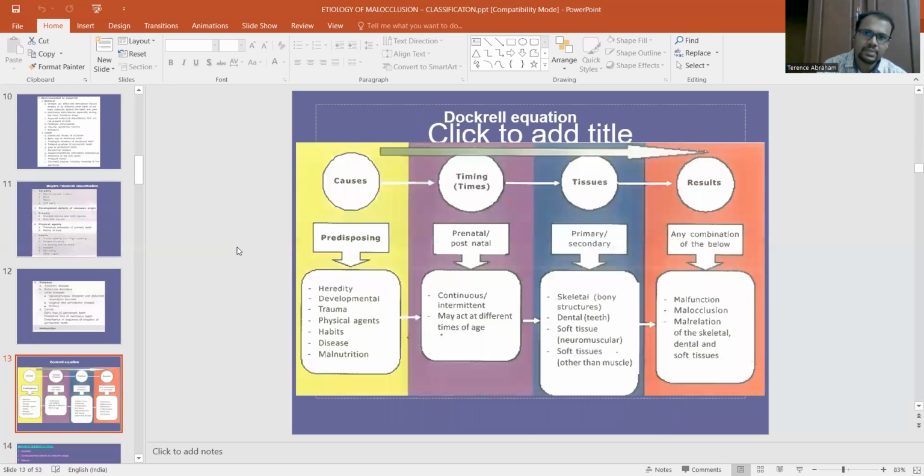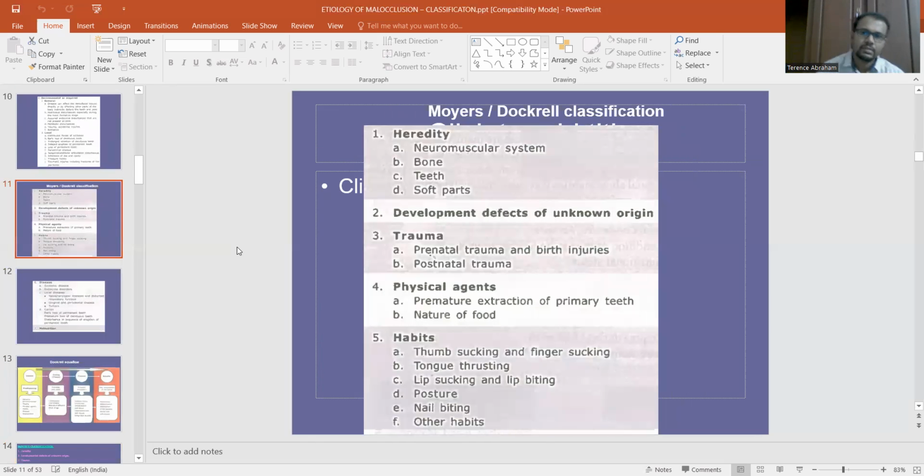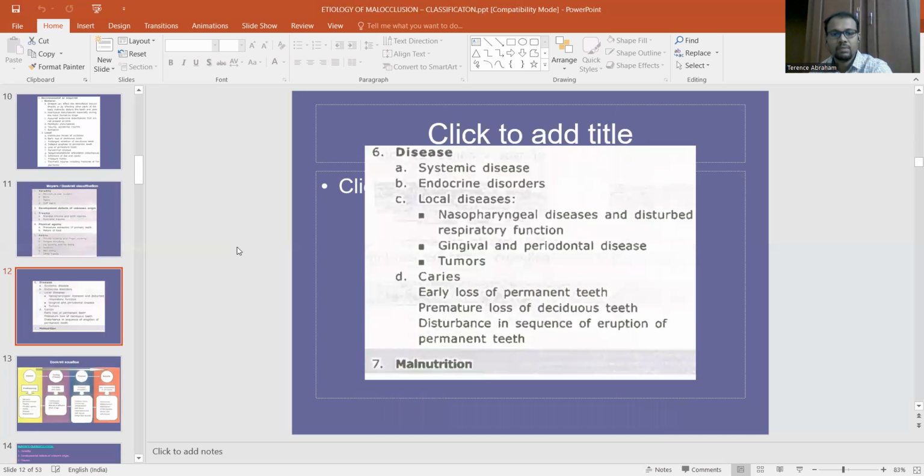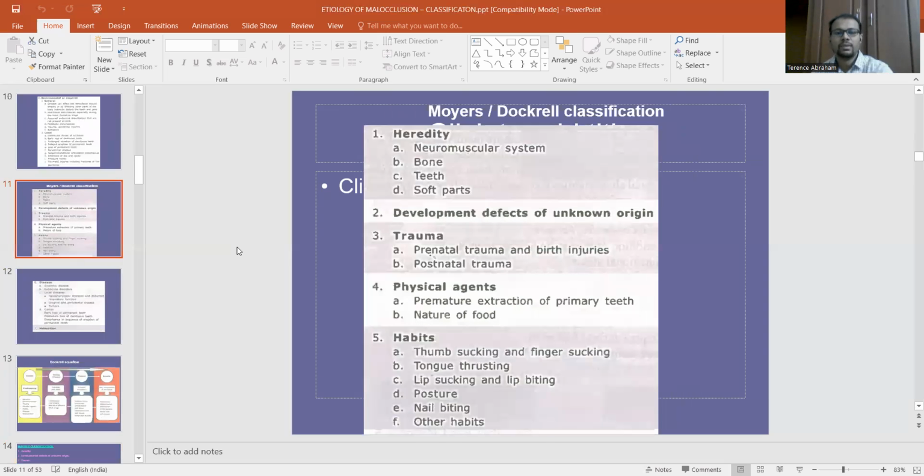Coming to another classification, the Moyers and Dockrell classification. He classified the etiology of malocclusions into mainly five types: hereditary, developmental defects, trauma, physical agents and habits. One more, diseases as well as malnutrition. So what is hereditary?